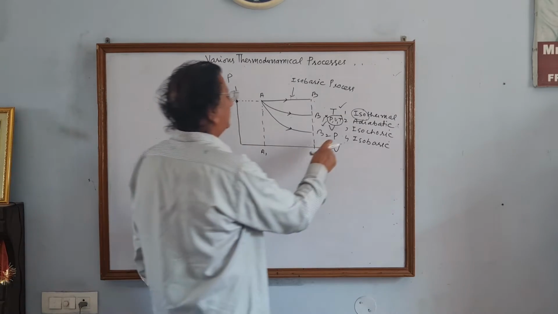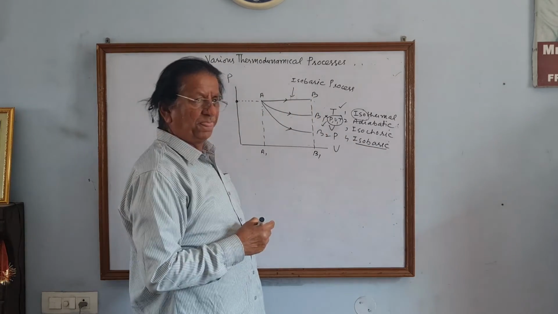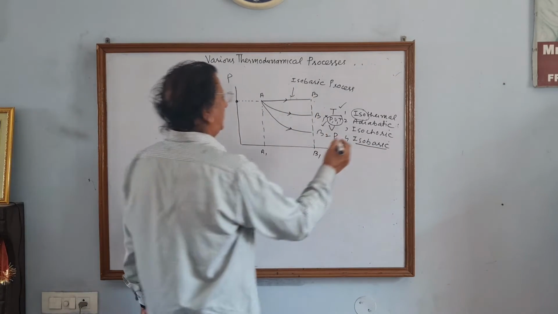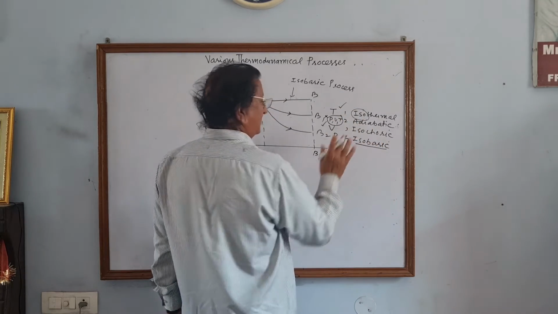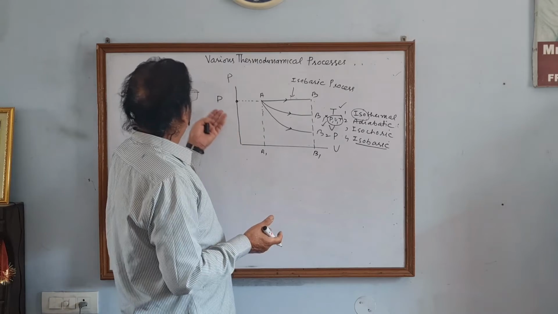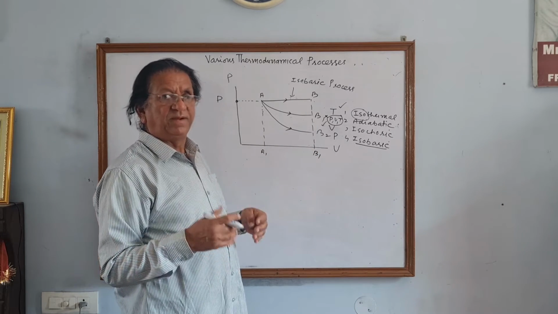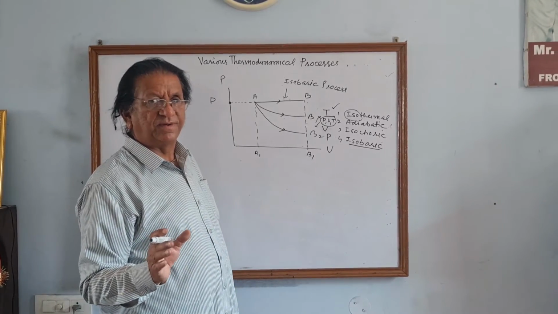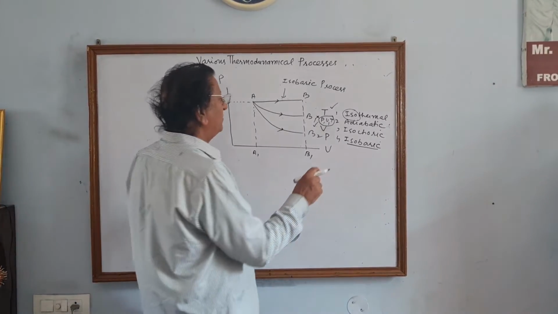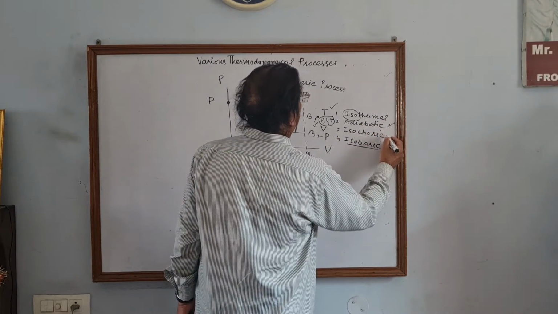And when pressure is constant, the process is isobaric. In the adiabatic process nothing is constant, but we are taking a graph between P and V. Isothermal means the third parameter, temperature, is kept constant. Then how to differentiate adiabatic and isothermal?